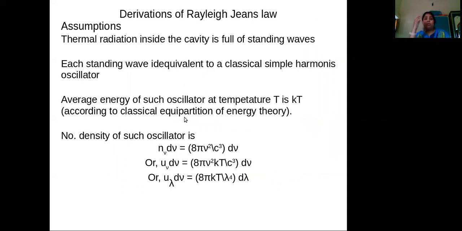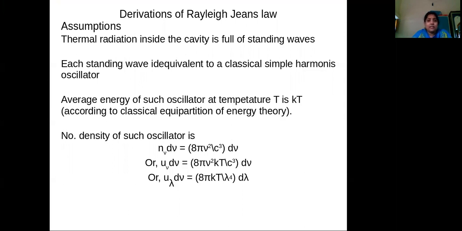Now, to know how to explain the whole graph, we first need to know what Rayleigh-Jeans did, or what Wien did. So this is the derivation of Rayleigh-Jeans law. We need to know the assumptions, because the assumptions for Planck's law, as we will see later, are kind of the same with a little bit of modification.